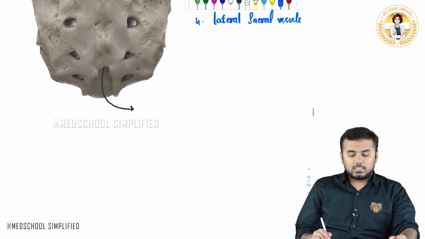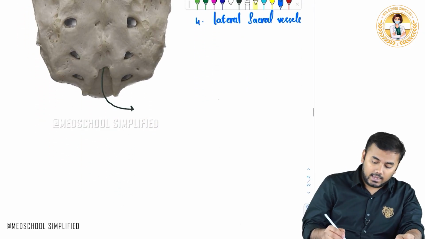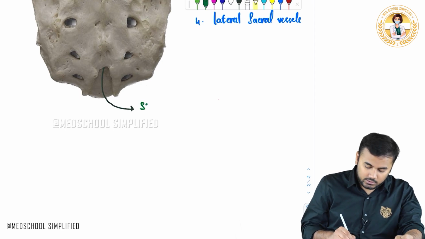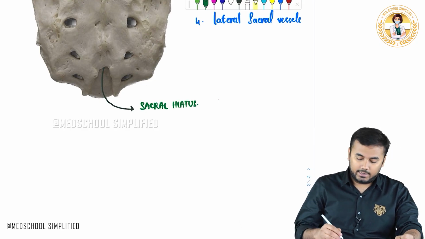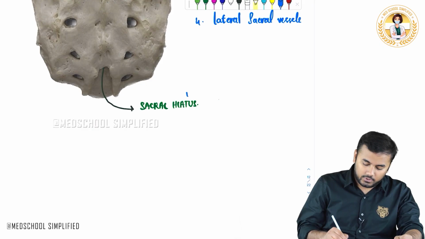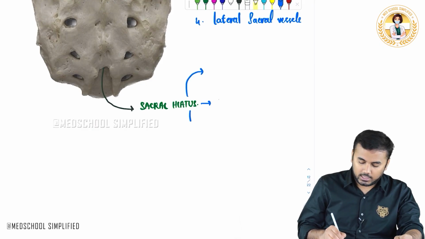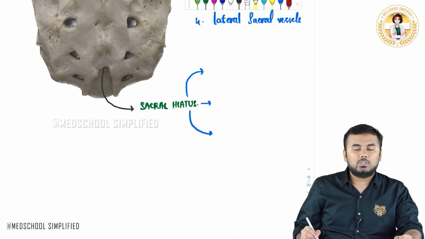Now what are the structures that come out of the sacral hiatus? As I told you, this is called the sacral hiatus. If you look carefully, there are three important structures coming out like this. What are those three important structures?